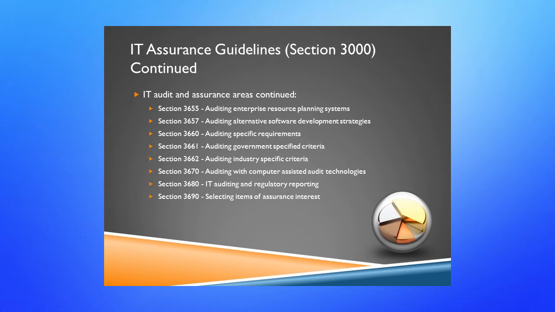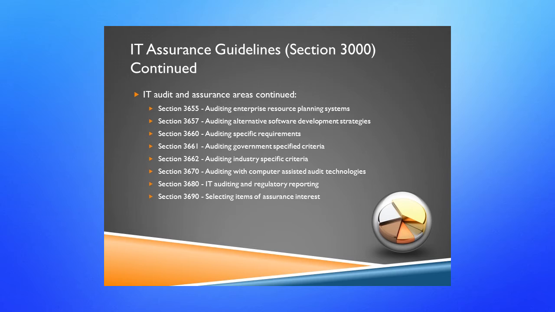So I just talked about the government specified criteria was 3661. Industry specific criteria. And notice you can't get more vague either, right? By the way, that was Section 3662, industry specific criteria. All right, so which industry? Well, you see, that's where we're seeing some very vague guidelines at times, because industries have different specifics that they need as far as their criteria. A hospital is different than a chip manufacturing plant, different than somebody building airplanes, right?